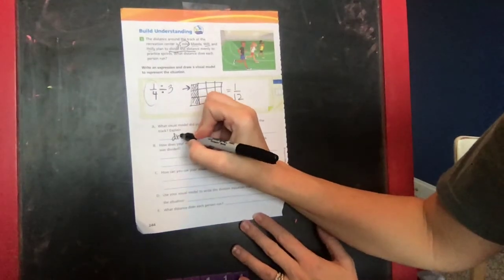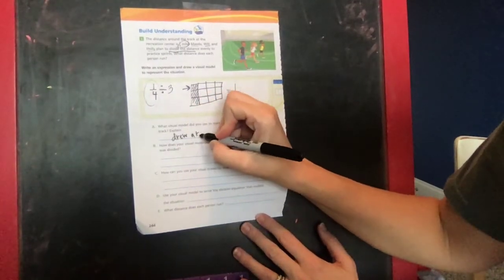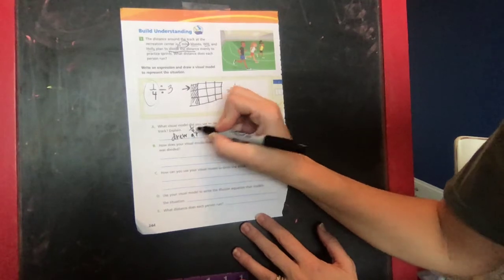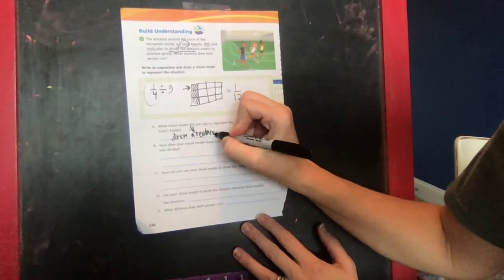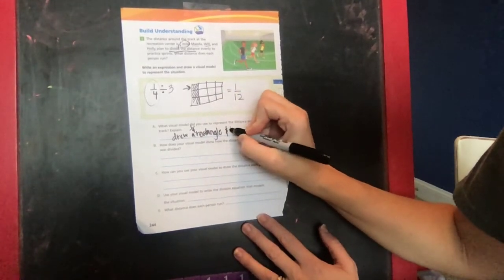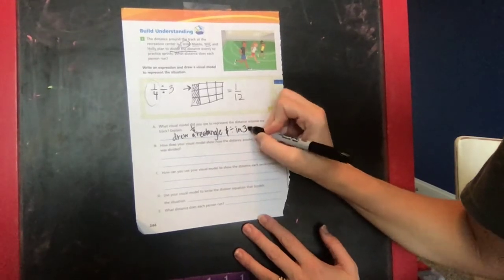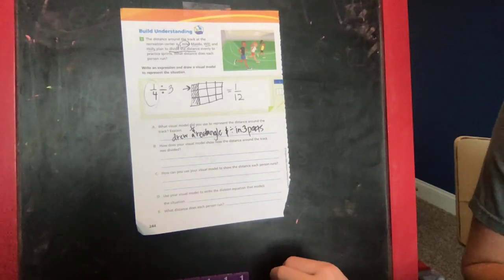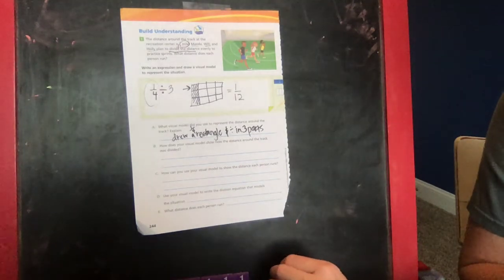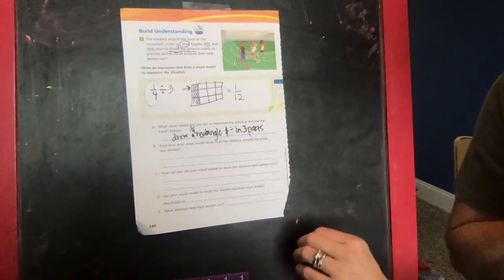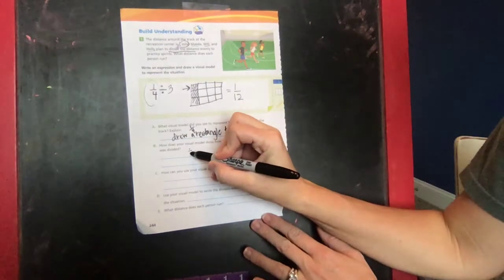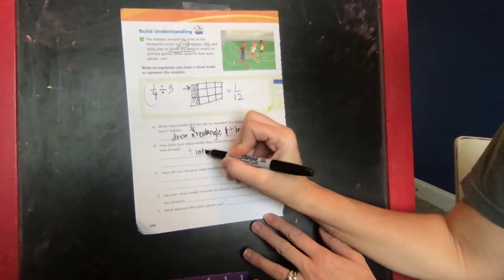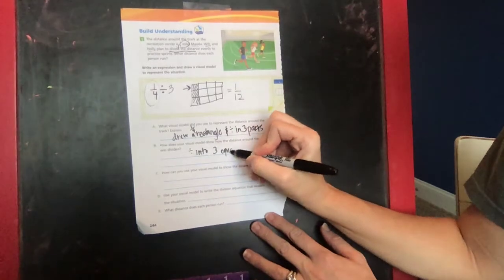I drew a rectangle, a 1/4 rectangle, and divided it in 3 parts. How does your visual model show how the distance around the track was divided? Well, we divided into 3 equal sections.